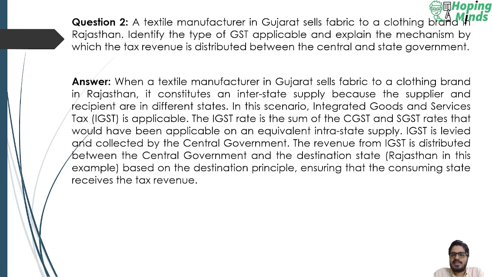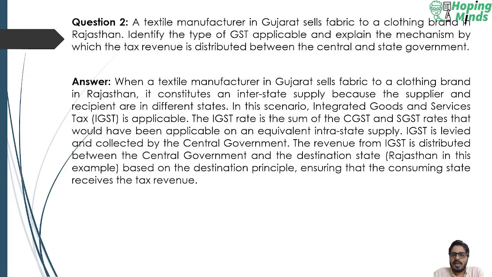The IGST rate is the sum of the CGST and the SGST rates that would have been applicable on an equivalent intrastate supply. Suppose the rate of GST is 18%, then in this example, the entire 18% will be charged under the IGST head, or had it been an intrastate supply, then 9% would have been charged under CGST and the rest 9% under the SGST head.